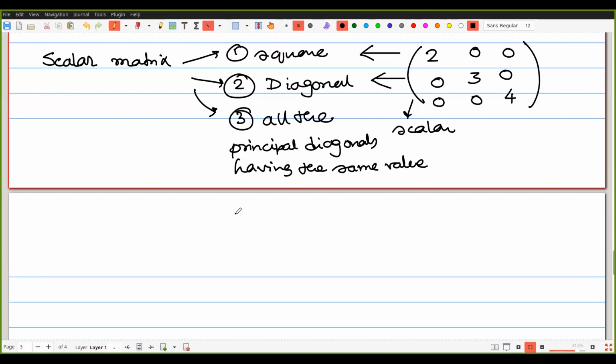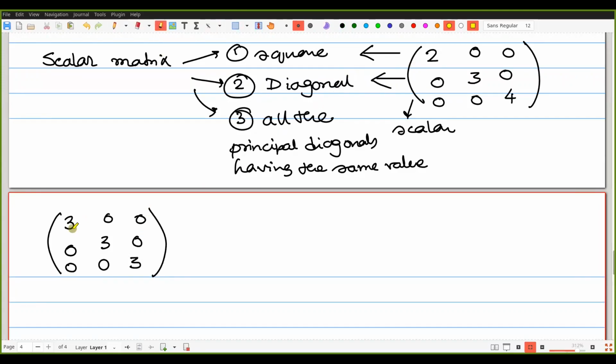That one is not a scalar matrix. All the principal diagonals must have the same value. Now check here. Suppose we have a matrix 3, 3, 3, and 0, 0, 0, 0, 0, 0.